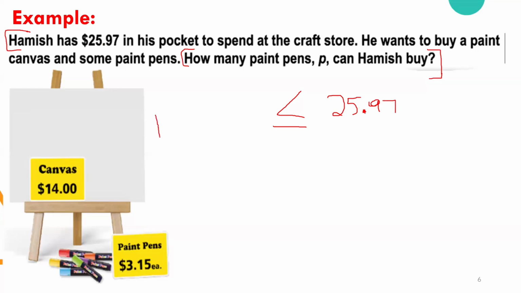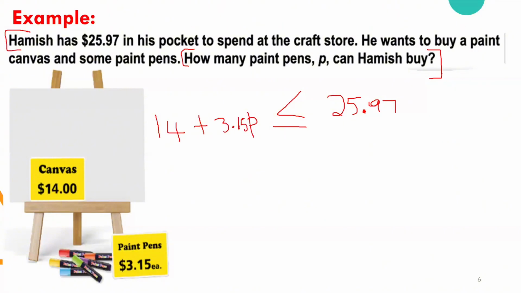So he bought one canvas that cost $14 plus he bought some pens, paint pens P. P represents the number of paint pens he bought, and those cost $3.15 each.